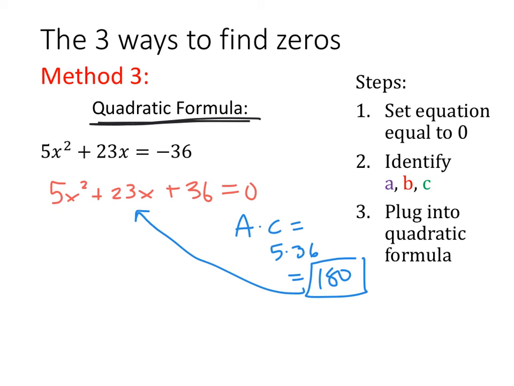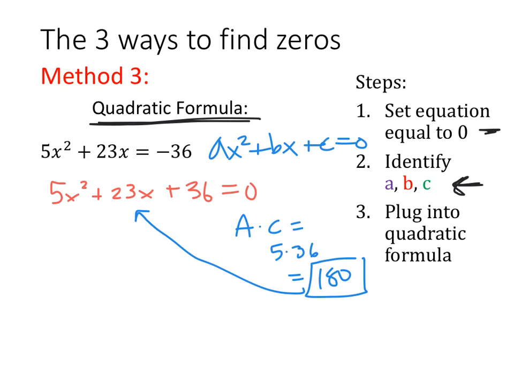And so in this situation, using the factoring method is too much work, and it's going to take way too long. I could go through this and try to find those different factor pairs that might give me positive 23, but it's not going to be worth my time. So what I can do is just set this equal to 0 and identify my a, b, and c, just like in standard form, ax squared plus bx plus c equaling 0.